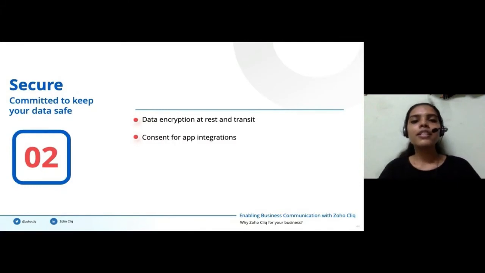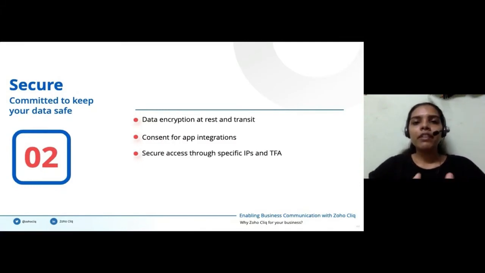The next thing is, this is very, very useful considering the current scenario, since all of us are at home, especially during this pandemic. We all are confined to our homes, so we are working from home. So what happens to secure access is the admin can go ahead and just restrict the access of the Cliq application only to specific IP addresses.